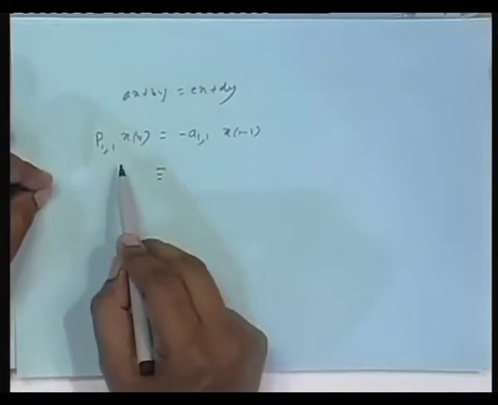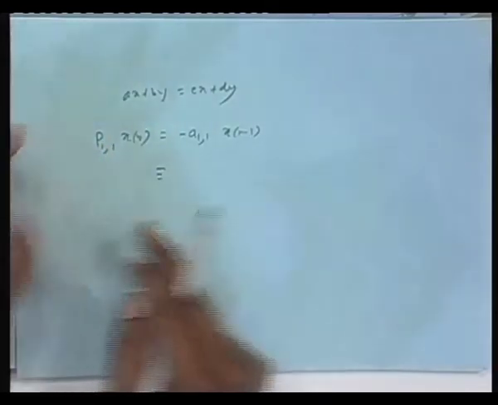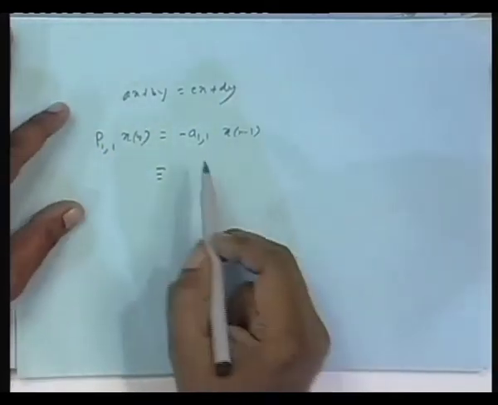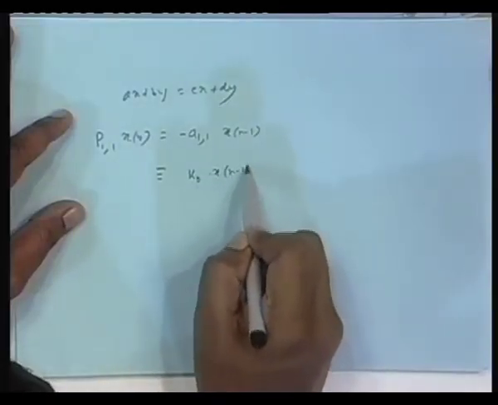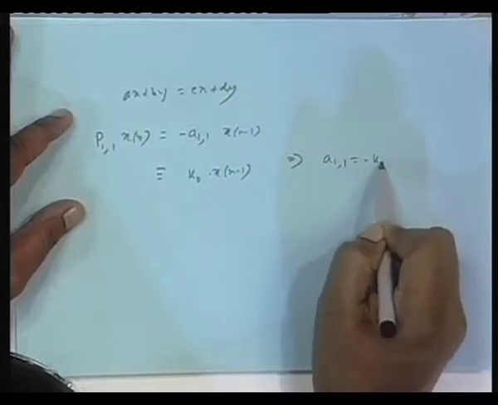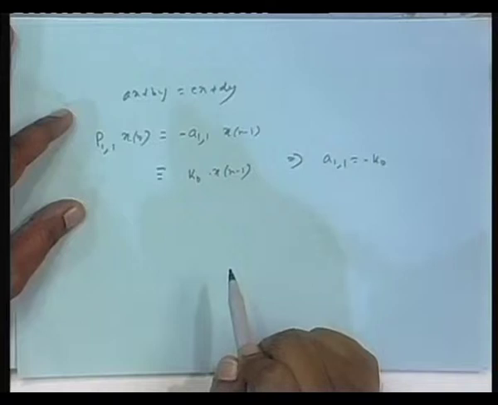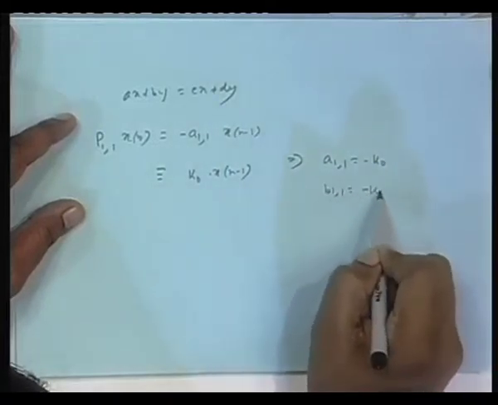X n projected on x n minus 1. So, x n with x n minus 1 divided by norm square of x n minus 1 into x n minus 1. So, this is nothing but k 0, that means in the same way you will find out b 1 comma 1 is minus k 0 star.